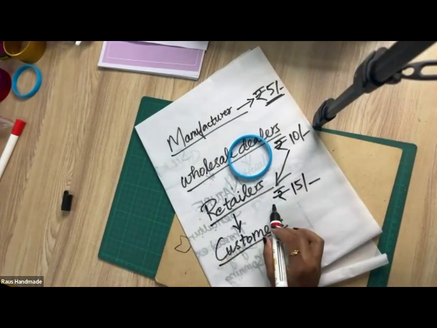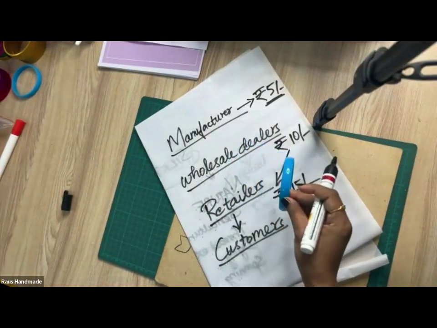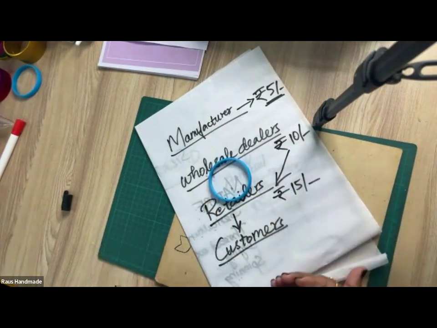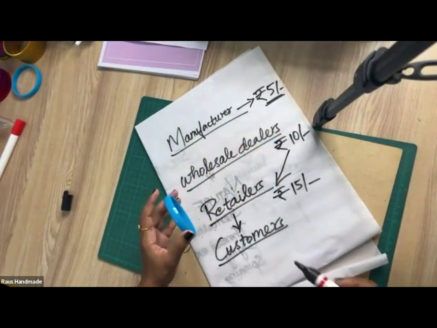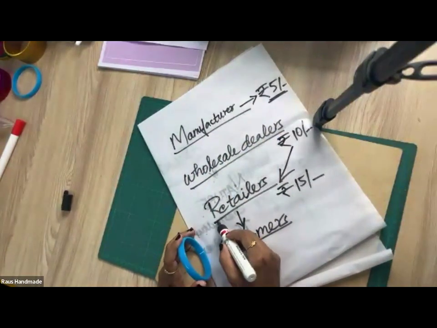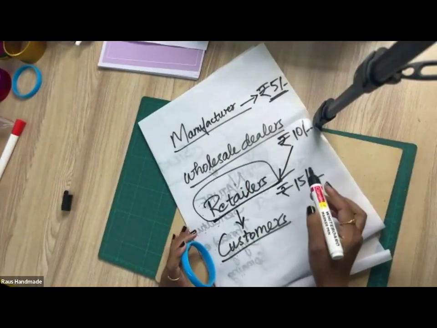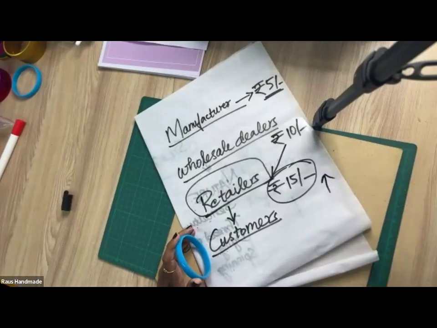Like say, the retailer is giving this product for rupees 15. So we, the customers, are purchasing the same product for rupees 15. So imagine if we get the material from the retailers, obviously the cost will be on the higher end, right?